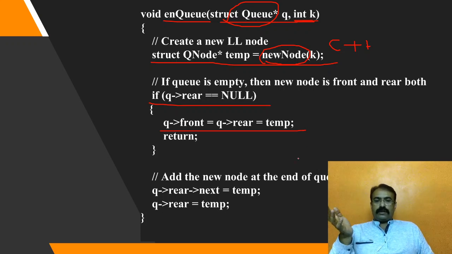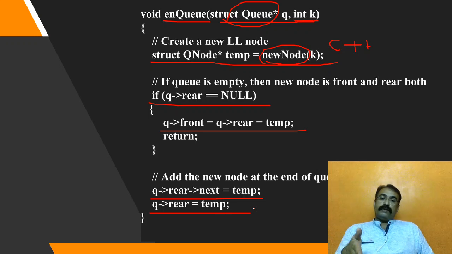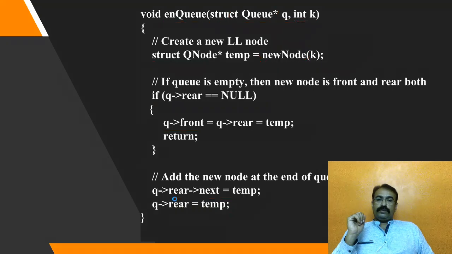And if it is not, we are just going to change rear, and front will remain intact. Okay, as we said, whenever an insertion is done, rear will be changed. When deletion is done, front will be changed. So this way we can manipulate the rear pointer and we can add the new element.